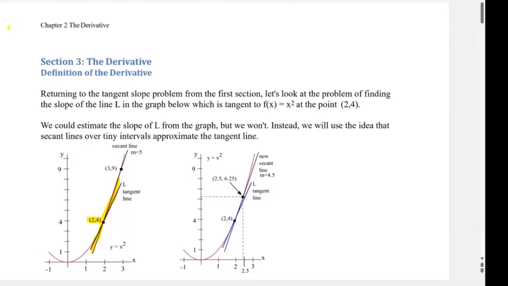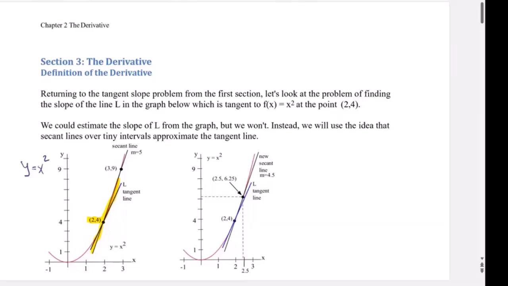Okay? That's what this is talking about in the graph below, which is tangent to f of x equals x squared, which is saying that this function here is y. This is y equals x squared.